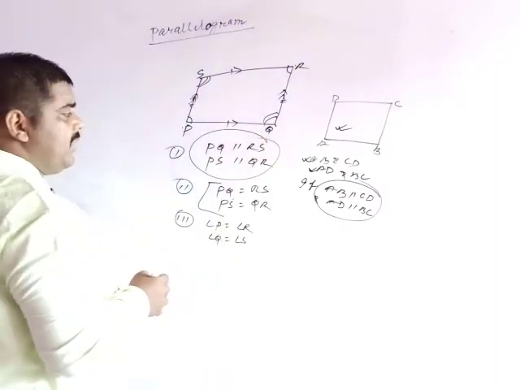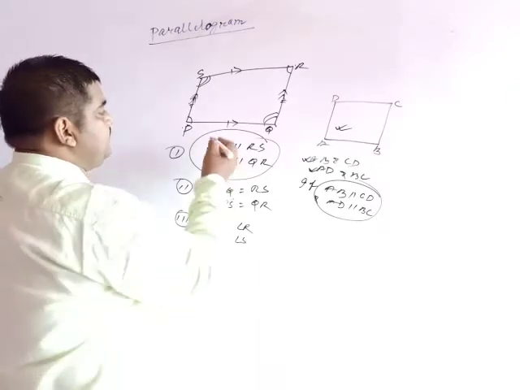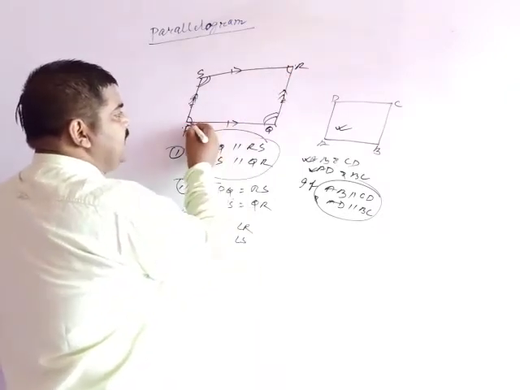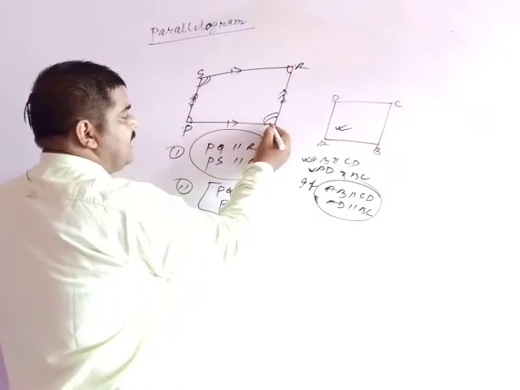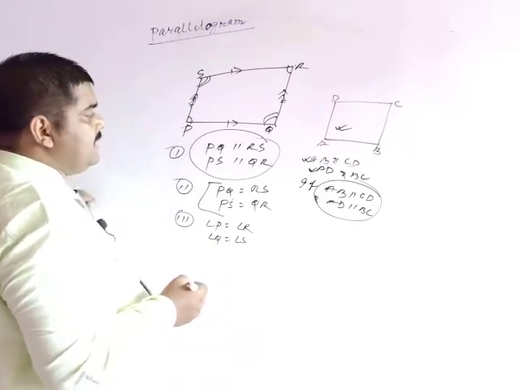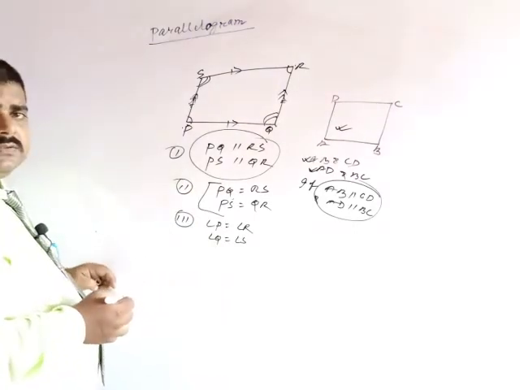Third characteristic, opposite angles are equal: angle P is equal to angle R, and angle Q is equal to angle S.